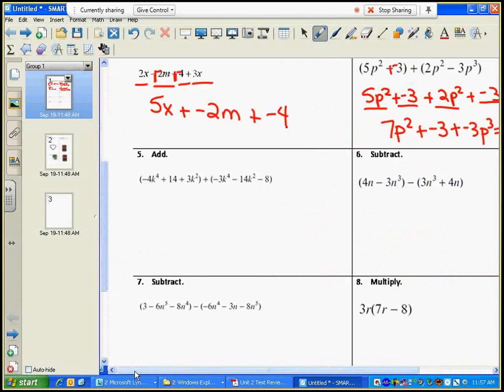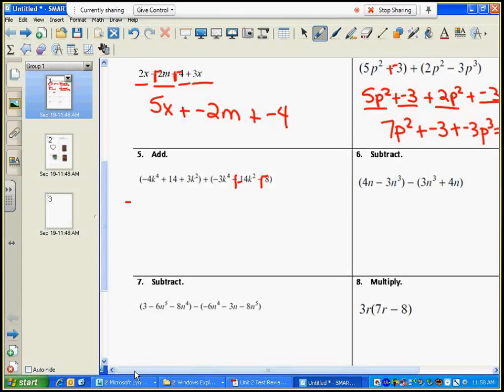Plus negative 14k squared plus negative 8. Remember, I'm adding, so I just put 1 in front of each of these parentheses and drop those parentheses.